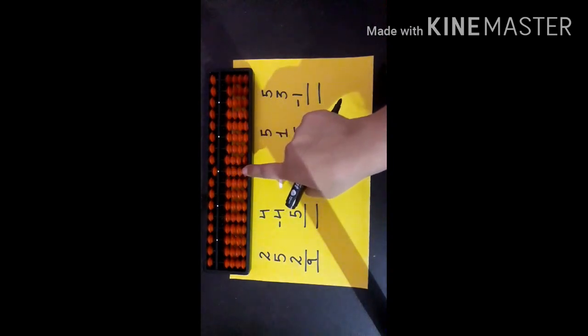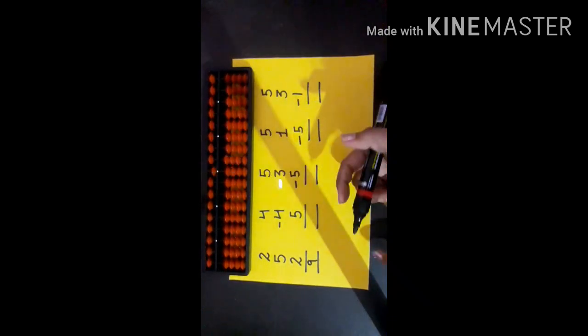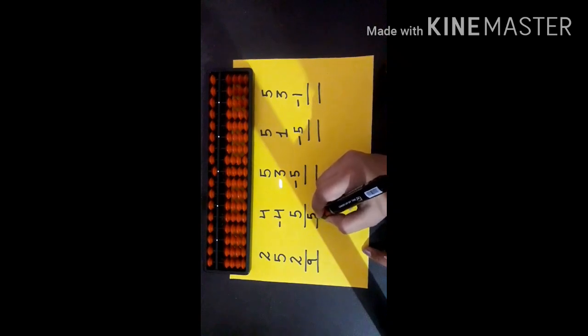Minus 4 done. Now you have to add 5. As you know, this is your 5 bead, upper bead, 5. Now what is the answer? See, here you have not added any bead, and you have added 5. So the answer is 5.